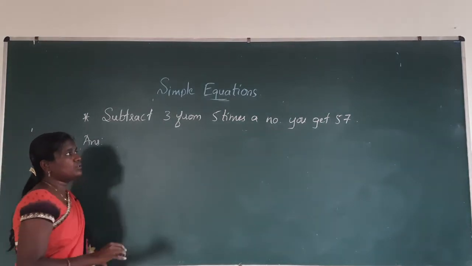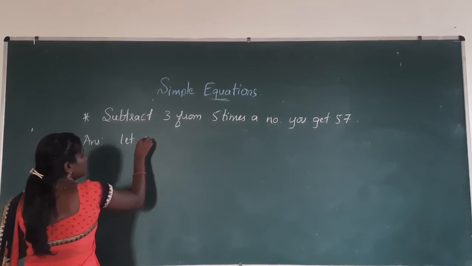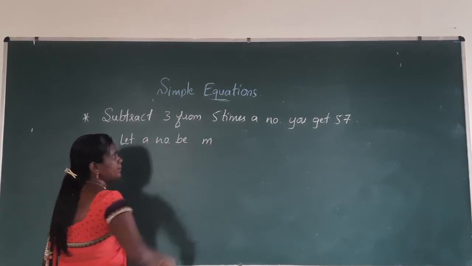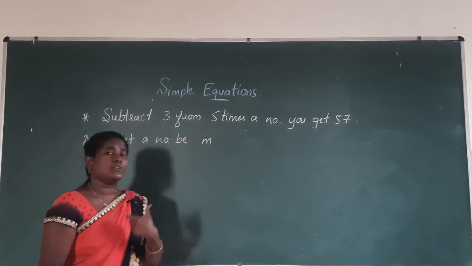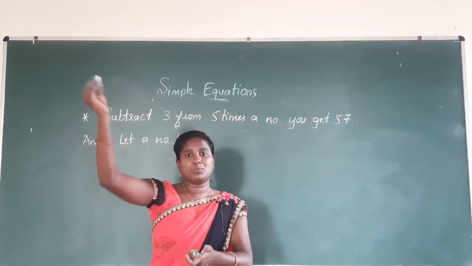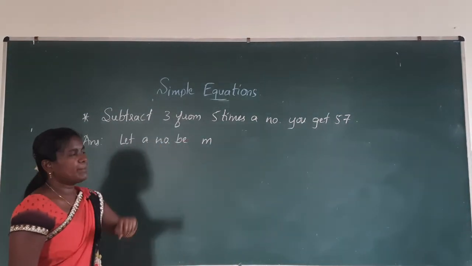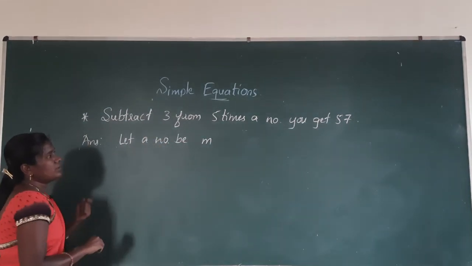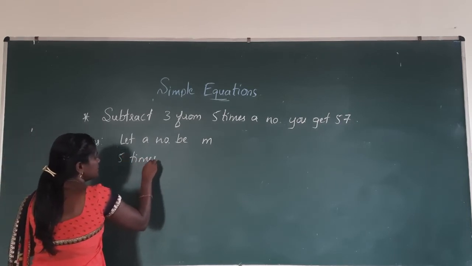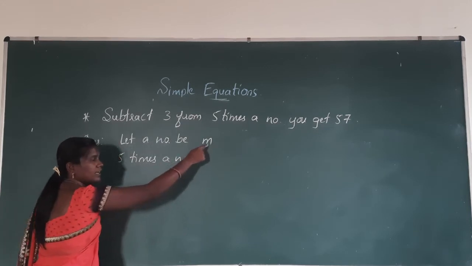Subtract 3 from 5 times a number. So first we need to get that a number. Yes. Let a number be m. I'll consider it as m, or if you want you can consider it as z, or y, a, b, c, d up to z, whichever you want. Let a number be m. Then according to the question, 5 times a number. Yes, so 5 times a number, a number is what? m.